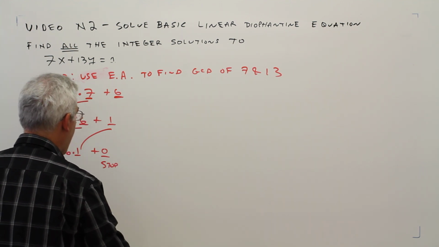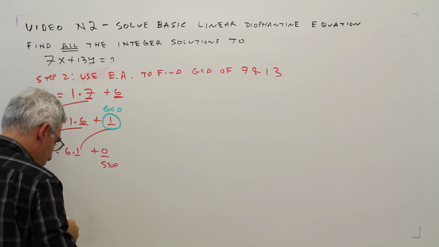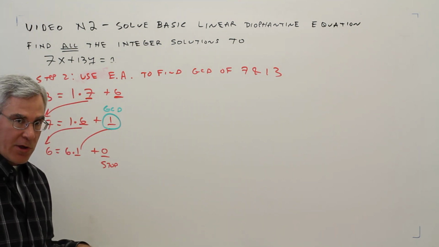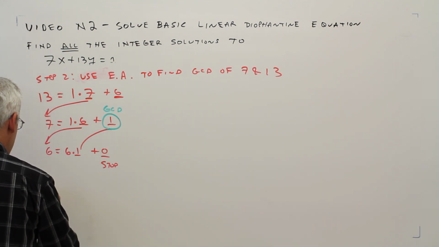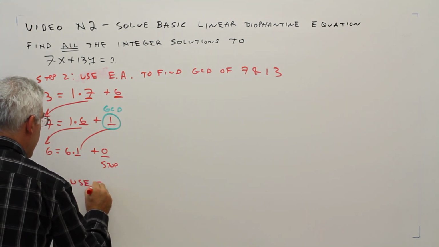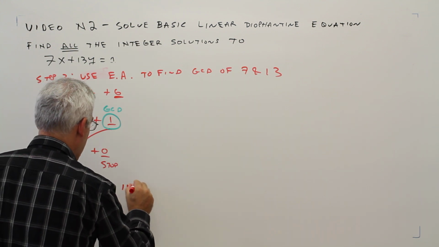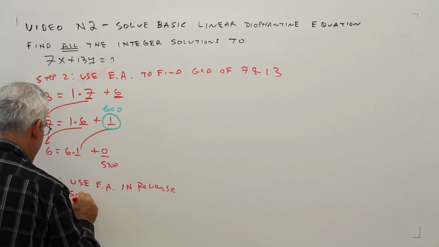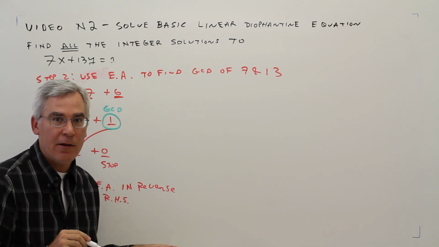And just to emphasize, the step above the 0 was the GCD. Okay. Step 3, use the Euclidean algorithm in reverse, and we're basically going to be solving for the right-hand side.